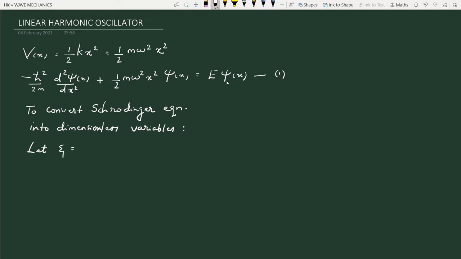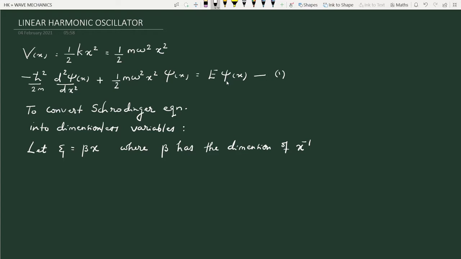Let theta be equal to beta times x, where beta has the dimension of x inverse, that is, position inverse, length raised to minus 1.